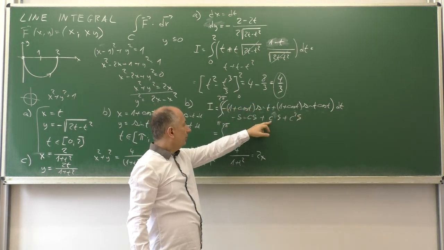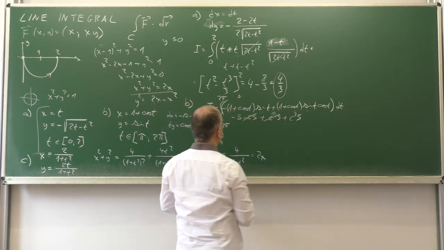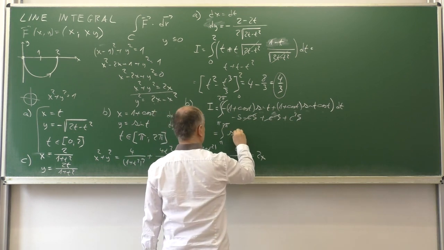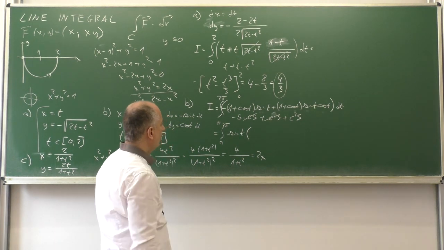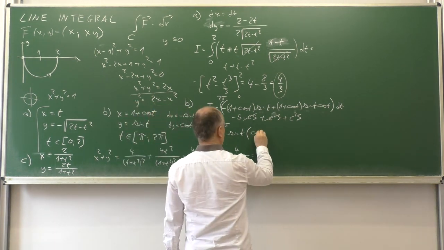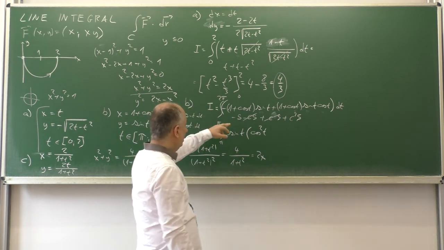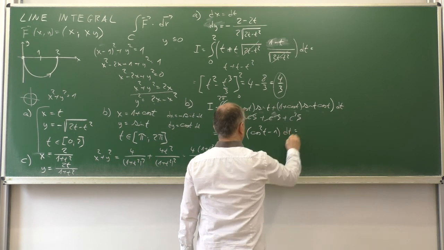Minus cosine times sine and plus cosine times sine cancel, and we can factor out sine. And we have cosine squared minus 1 dt.